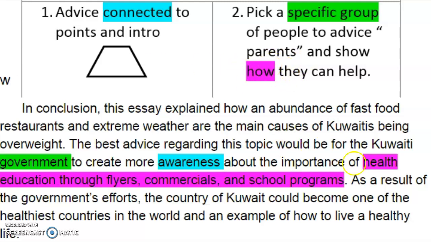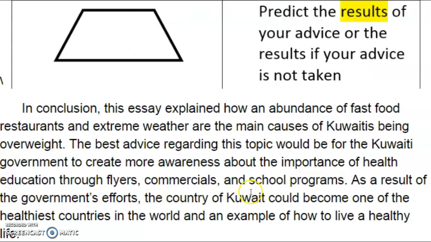To have education through flyers, commercials, and school programs. They told them specifically what to do, so that's good advice. And then finally, results. You should have found that this is like a prediction. If the country does do this, then it's going to be one of the healthiest countries in the world, etc., etc.